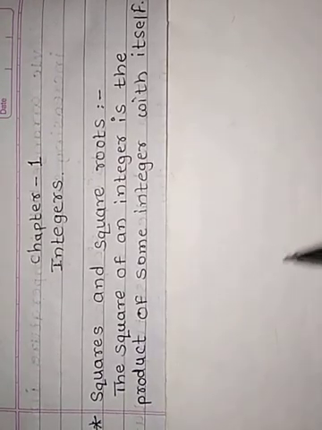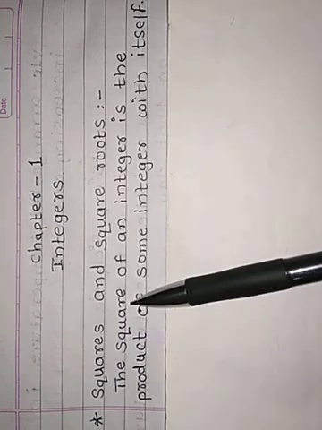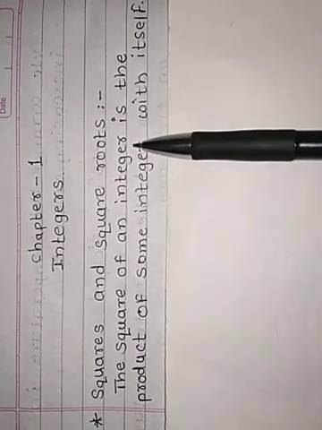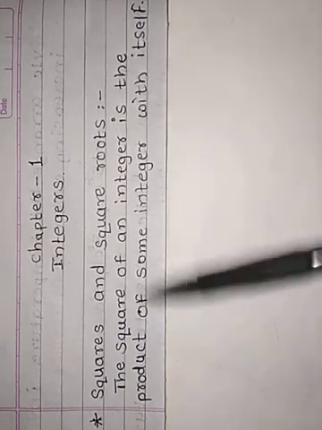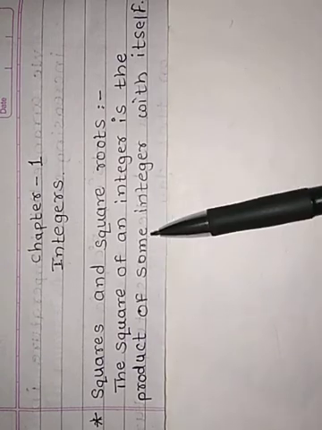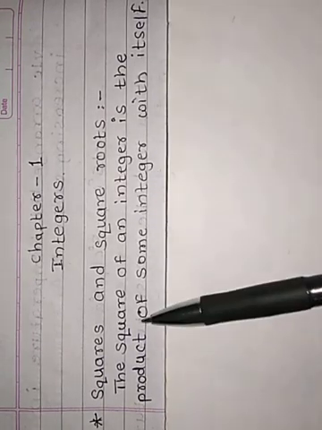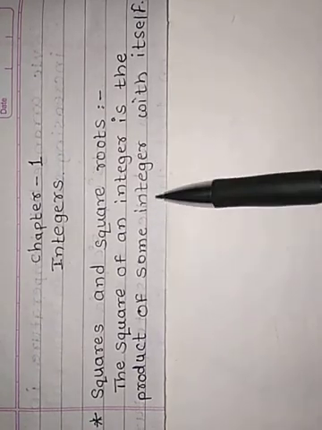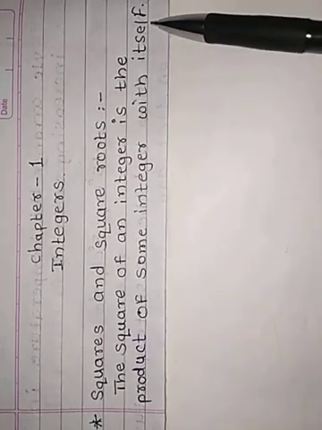See here, what is the meaning of the square of a number? The square of an integer is the product of some integer with itself.